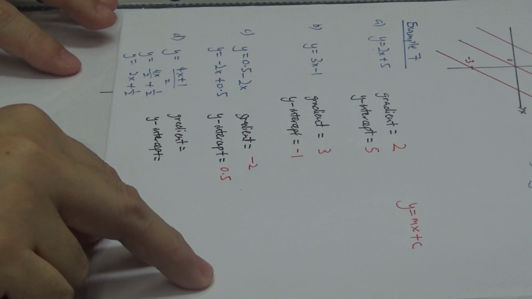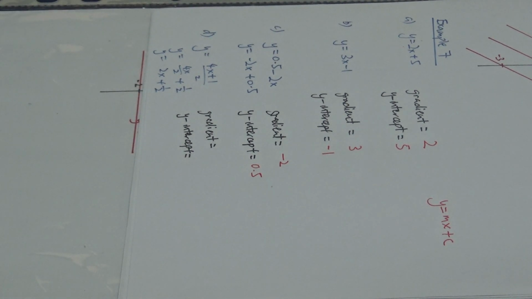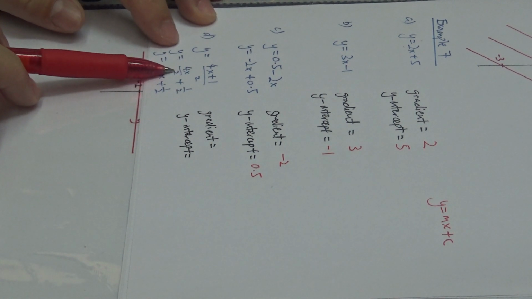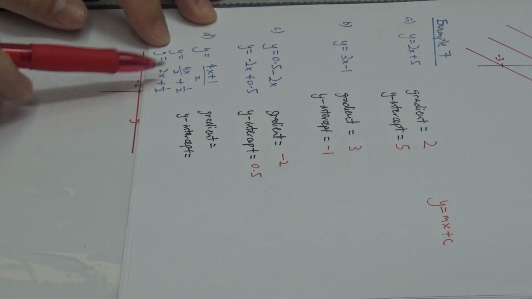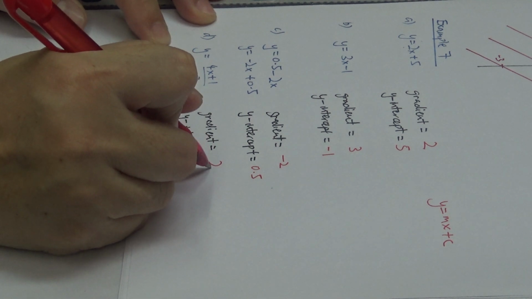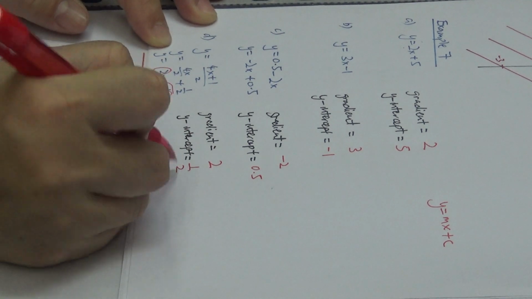Part D, we have to do some manipulations. So let me tell you how we do the manipulations. Now, y is (4x plus 1) over 2. That means it's 4x over 2 plus 1 over 2. 4x over 2 will give me 2x. 1 over 2 will give me half. Therefore, the gradient is 2, which is here, and the y-intercept will be half.